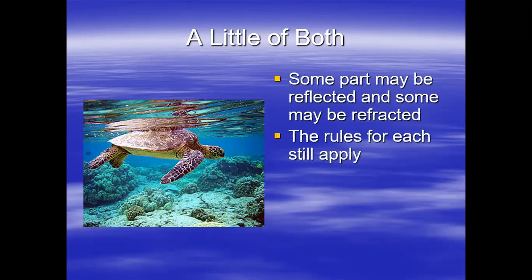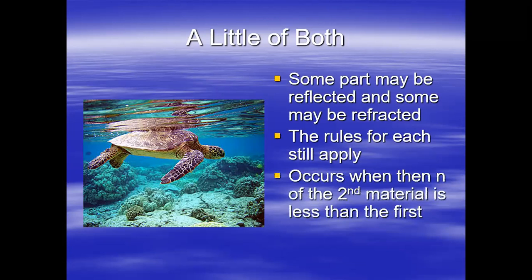At that point, some of the light is going to get trapped in the first material through a process called total internal reflection. We still use the same concepts, but we apply total reflection for the part that gets reflected back in the first material and refraction for the part that makes it through. So it only occurs when you're going from a larger n to a smaller n and the light is speeding up. So say you're going from water to air, then you could possibly have total internal reflection.